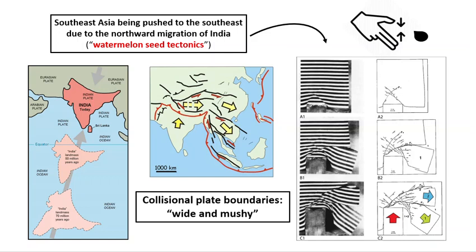And in this case, the two plates involved are the India-Australia plate. It turns out, depending on your perspective, both India and Australia are two continents embedded within the same plate, and that plate's sometimes called the India-Australia plate. So in this case, the India-Australia plate is generally moving northward with respect to the Eurasian plate.